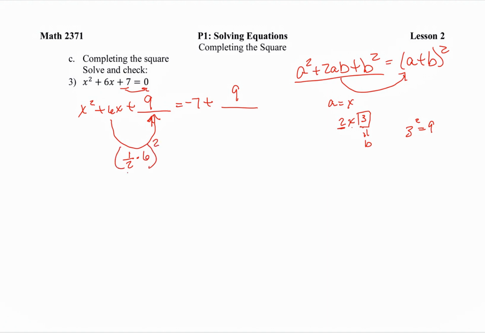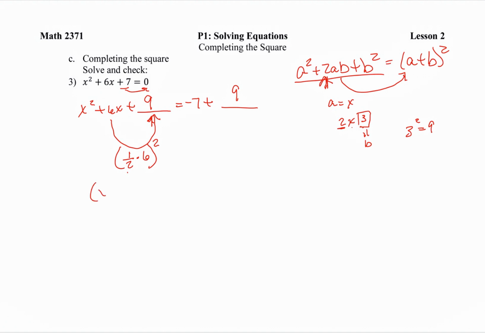And that 1/2 comes from this 2 that we have in a squared plus 2ab plus b squared. If we take 1/2 times 6 and square it, that gets us 3 squared, which is 9.